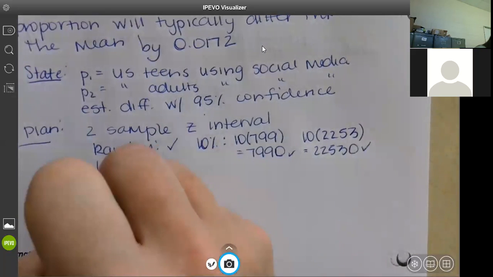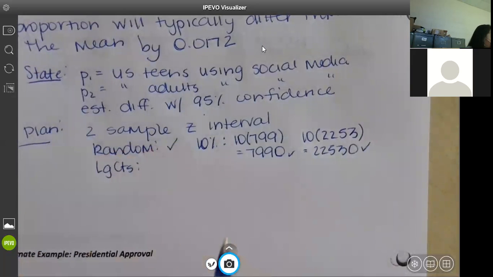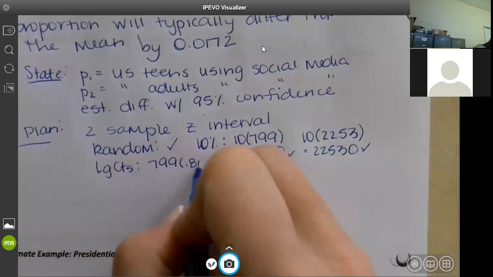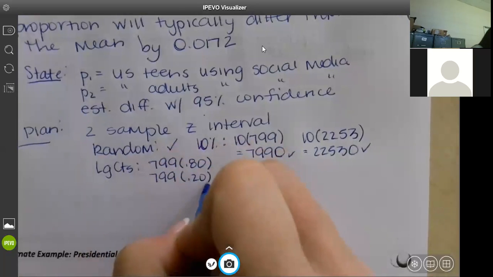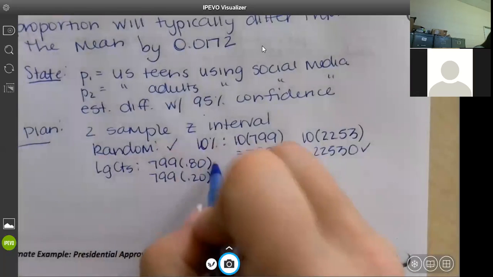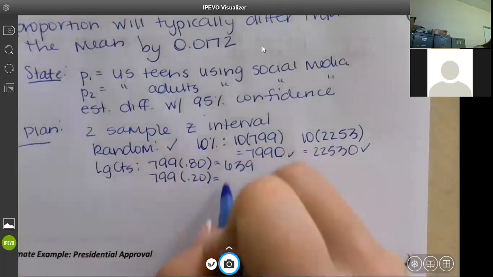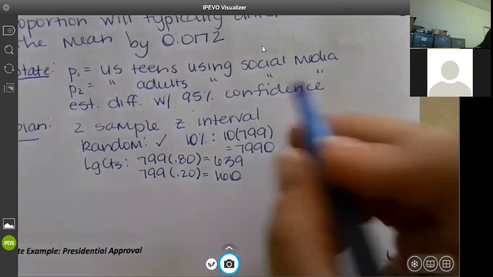And then the last one is large counts. And this one just takes time. It's not hard. So 799 times your percentage, which is 0.80. And then 799 times 0.20. We get 639 and 160. So those are both okay. They got to be greater than 10.